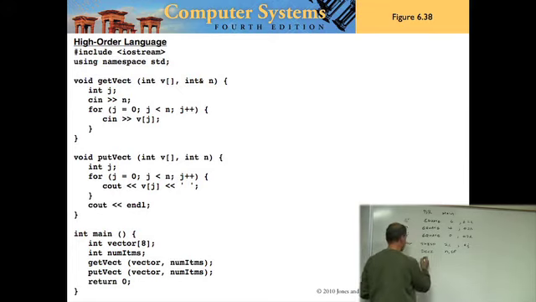Okay, and now we have to do the for loop, right? Load accumulator 0. Store accumulator j, stack relative, so that's the initialization. J gets 0. Now we have to do a compare.